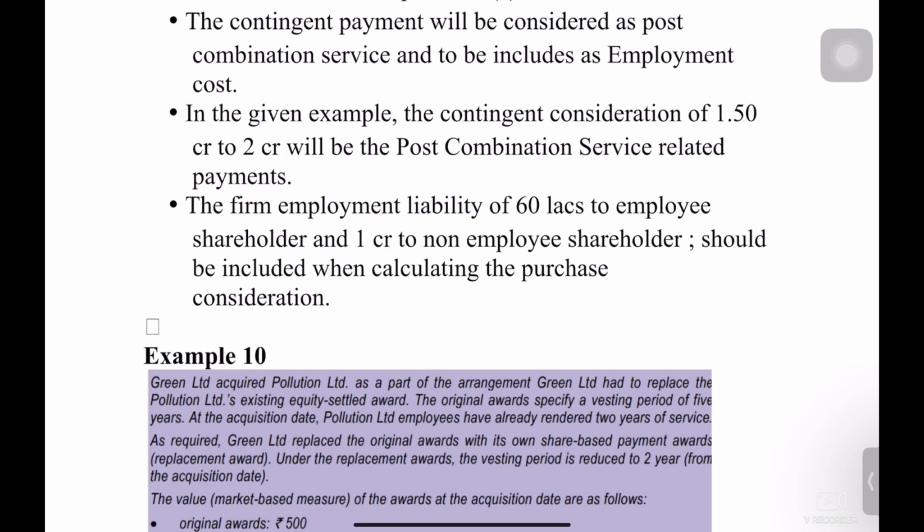So in the given example, the contingent consideration of 1.5 crore to 2 crore will be the post combination service related payment. Then the firm employment liability of 60 lakhs to the employee shareholder and 1 crore to the non-employee shareholder should be part of business consideration, and it should be included when you calculate the purchase consideration.